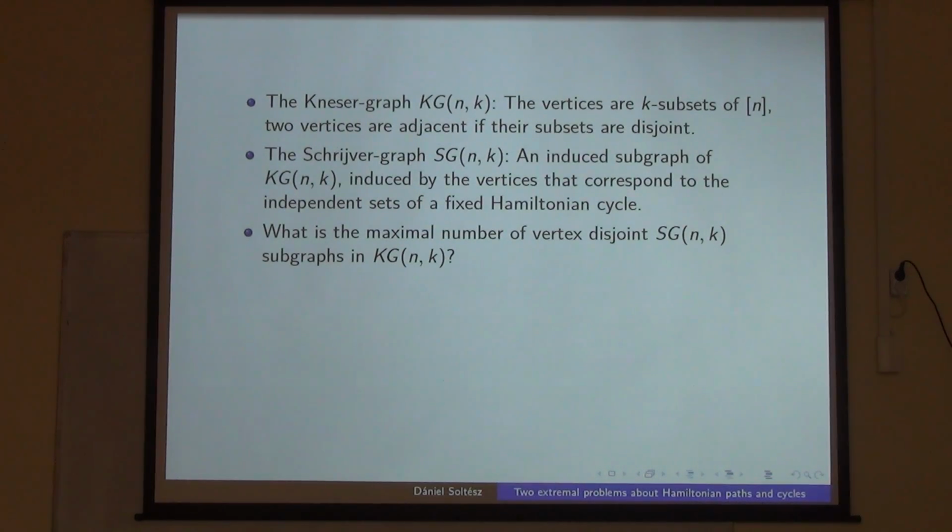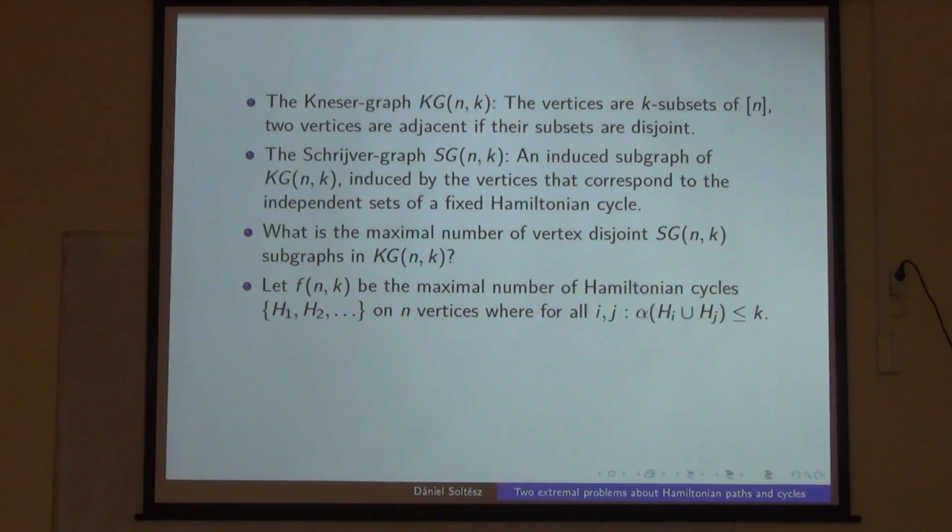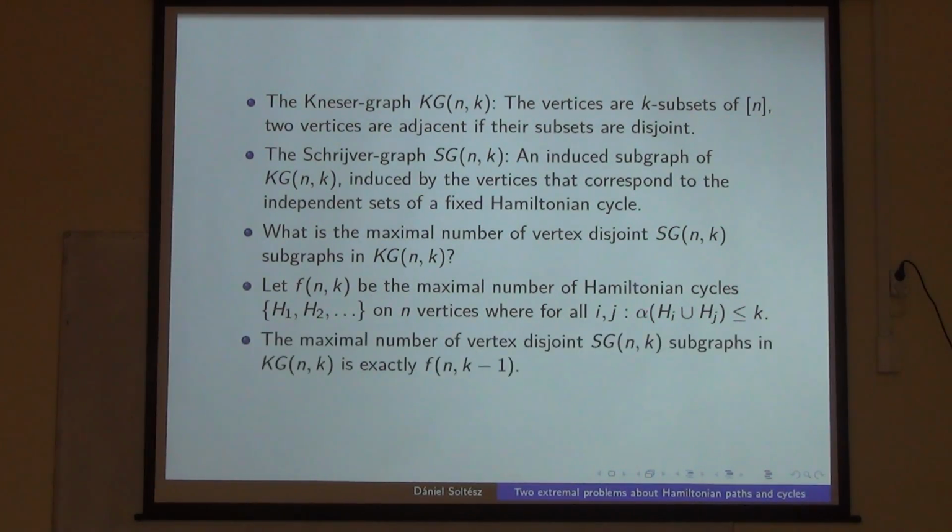So let us introduce the function f(n,k), the maximum number of Hamiltonian cycles, so we want many Hamiltonian cycles, and our restriction is that the union of any two cannot contain a large independent set. In this language, f(n,k-1), the definition is off by 1, is just the maximum number of vertex-disjoint Schrijver graphs.